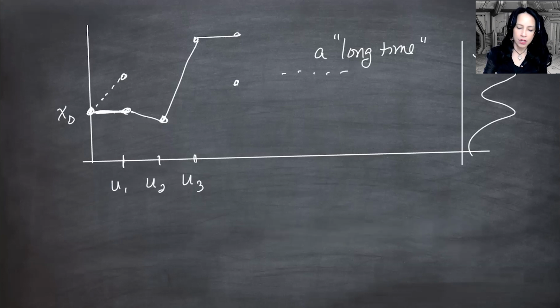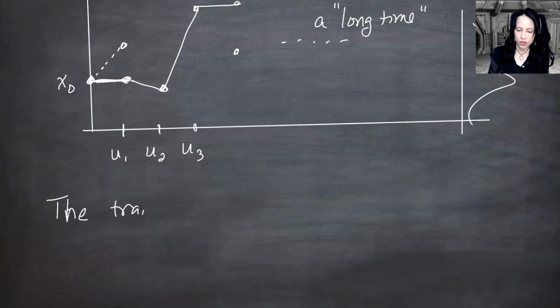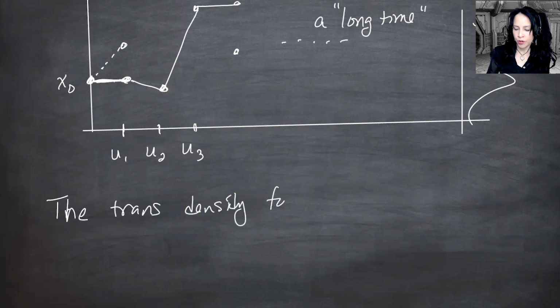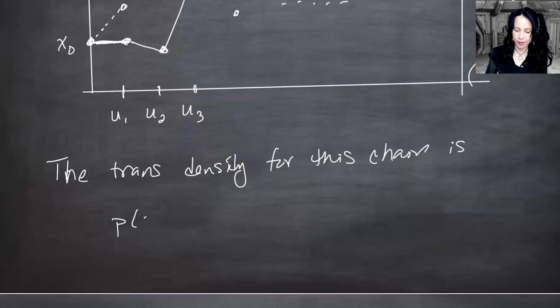Okay, so why does this work? I'm done describing the algorithm. The transition density, or PDF, for this chain is going to be some p(x,y), and it's not the q because we have the accept or do not accept step.